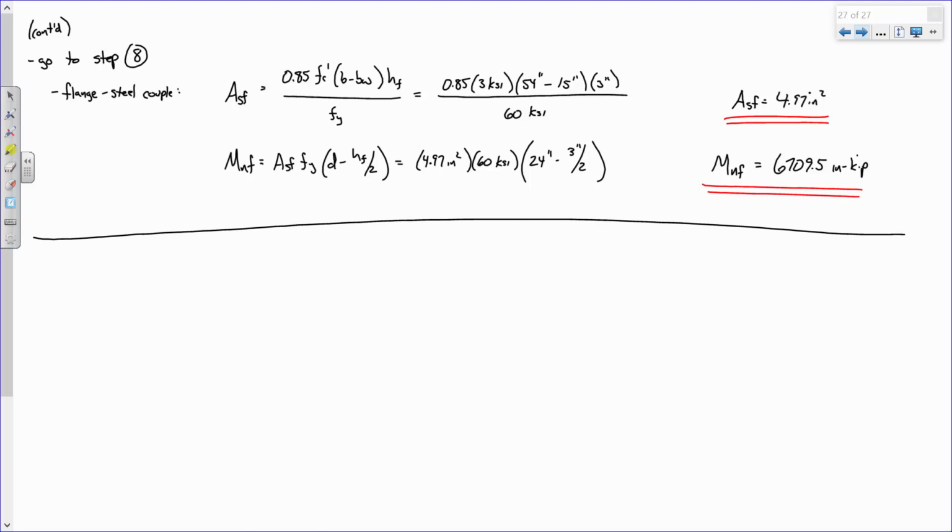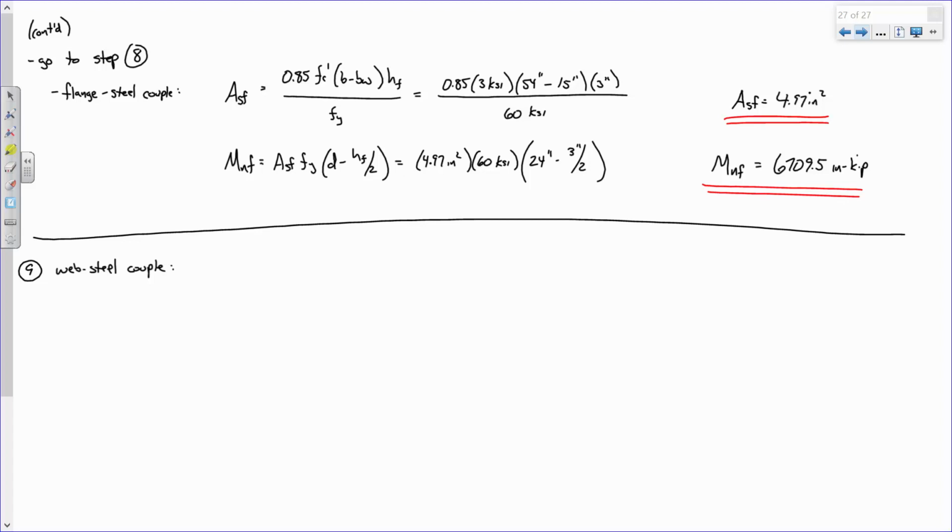All right. So now we go on to step 9. If step 8, I'm calling that the flange steel couple, step 9, we'll call that the web steel couple. Okay? And again, the formula that I'm using is not very, very magical. So what am I doing here? This is what I'm doing. Okay?